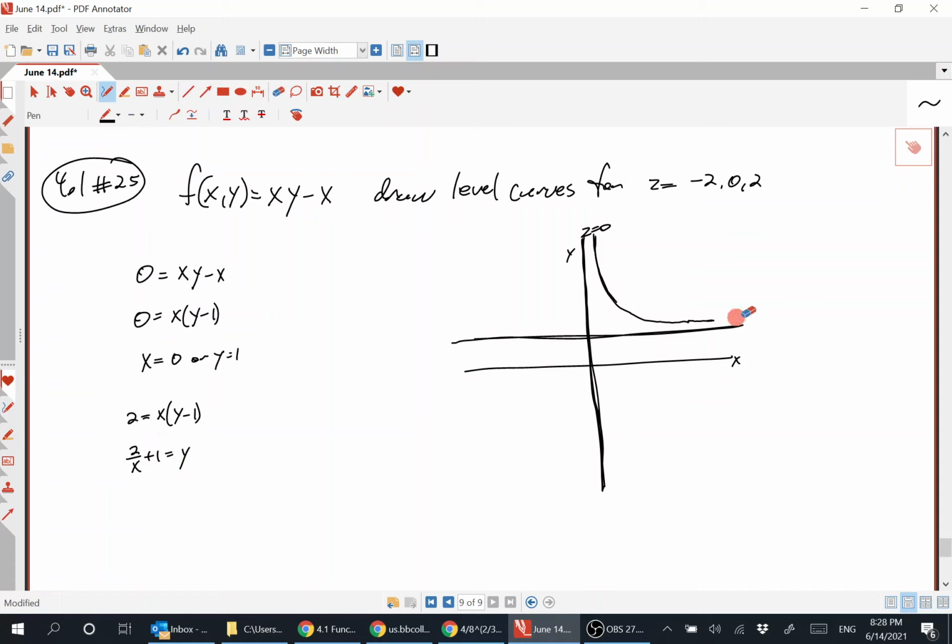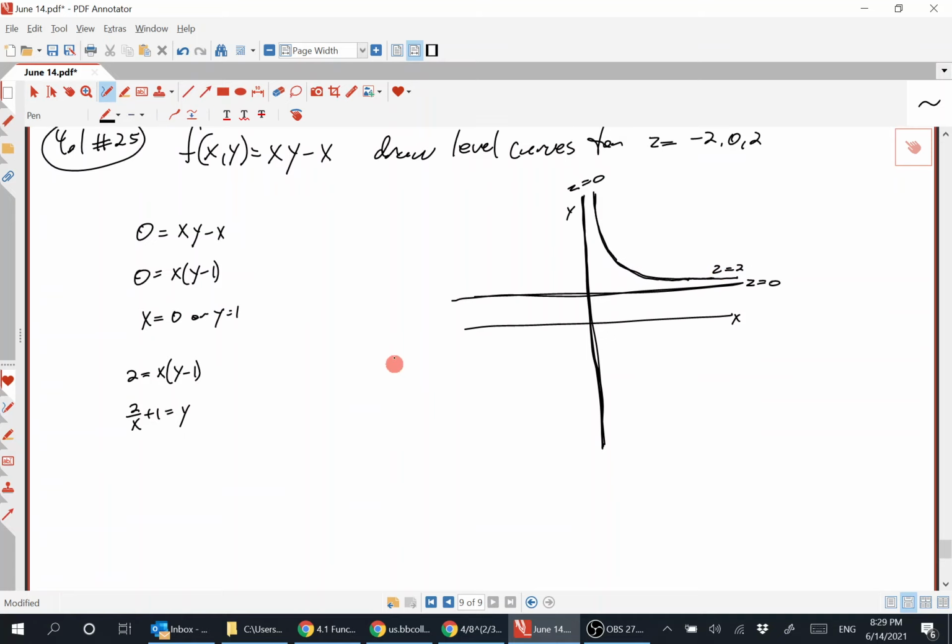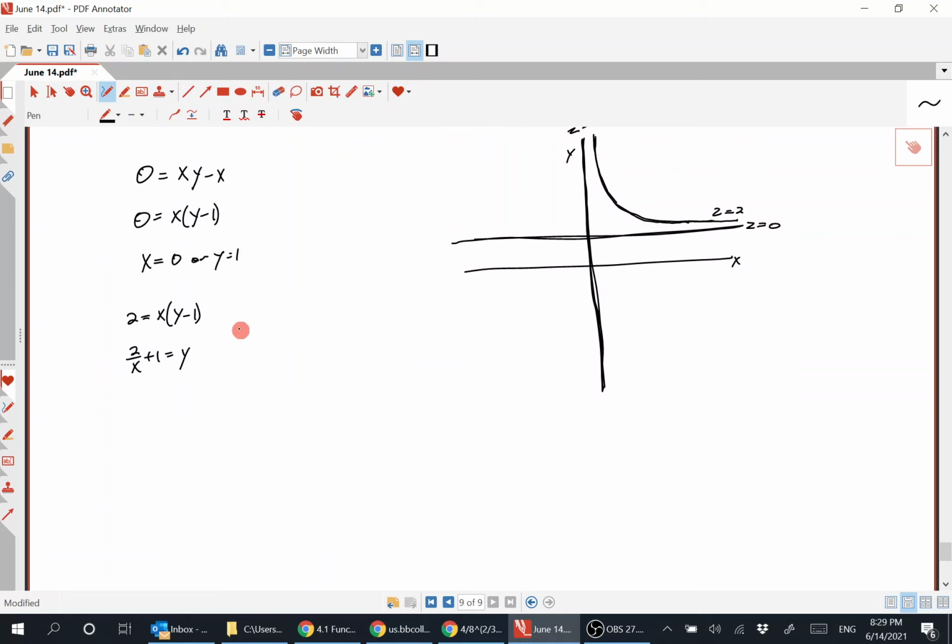So this is z equal to 0. Now this one is z equal to 2. And then z equal to negative 2. So minus 2 over x plus 1 equals y. So that's the curve down over here. Where does it cross the x-axis? At x equal to negative 2.